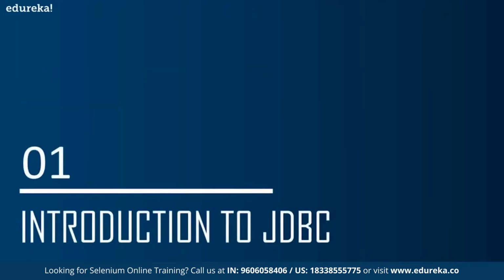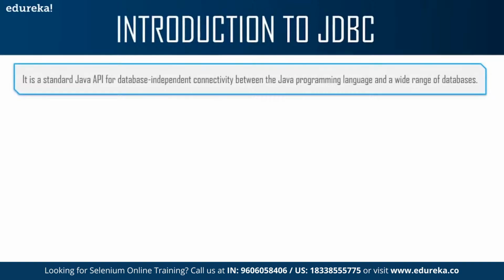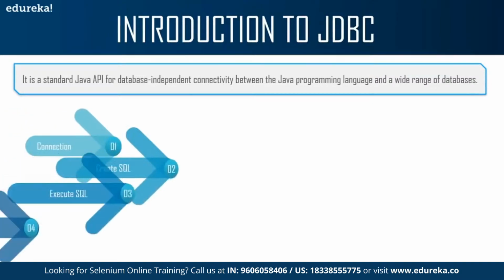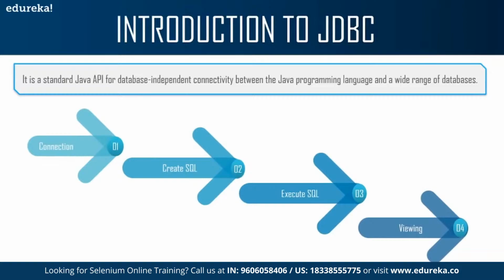Let's first understand what is JDBC, that is Java Database Connectivity. It is one of the standard Java APIs for database-independent connectivity between the Java programming language and a wide range of databases. This application programming interface lets you encode the access request statements in Structured Query Language. They are then passed to the program that manages the database.